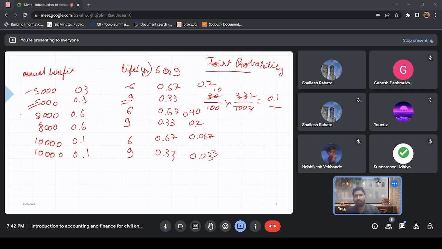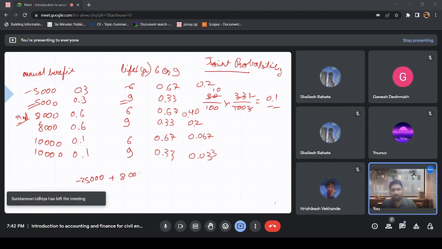Like for the third case, the cost is 25,000, plus your annual benefit is 8,000. That becomes your P given A. For i we have been given 10%.